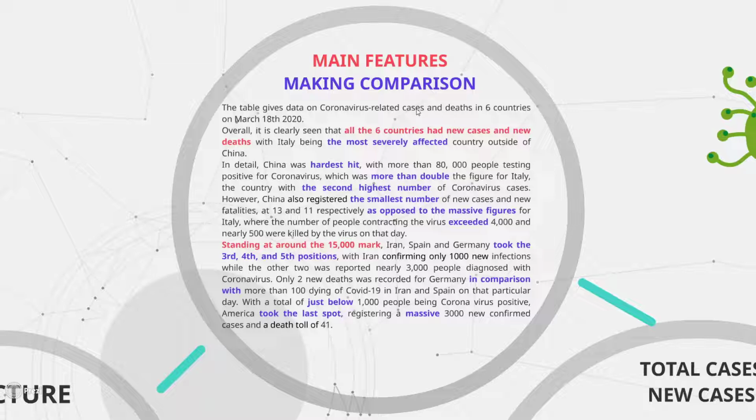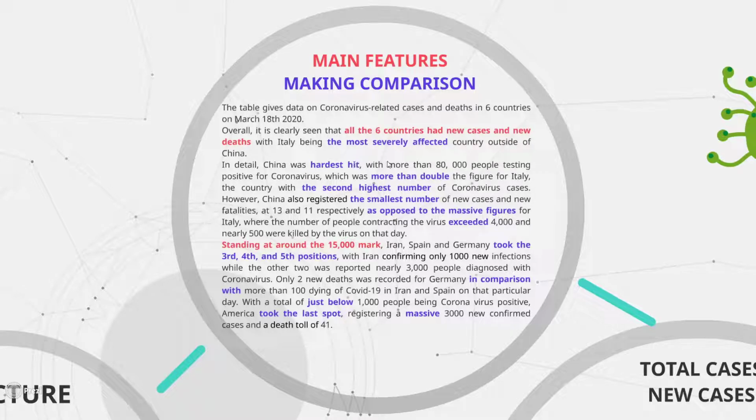And I have also highlighted some languages for making comparison. For example, the most severely affected or the hardest hit, they are somehow the same when you want to compare the seriousness of coronavirus around the world.